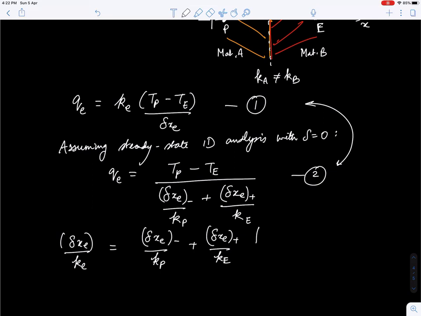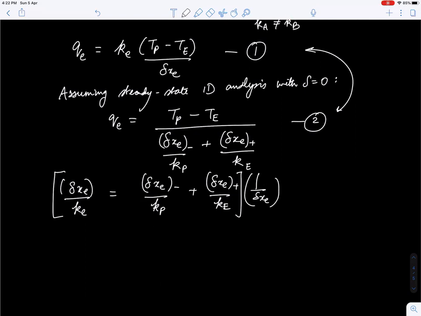And if I divide the whole equation by delta Xe, remember delta Xe plus by delta Xe was defined as Fe, so we'll get 1 by Ke to be 1 minus Fe by Kp plus Fe by Ke.